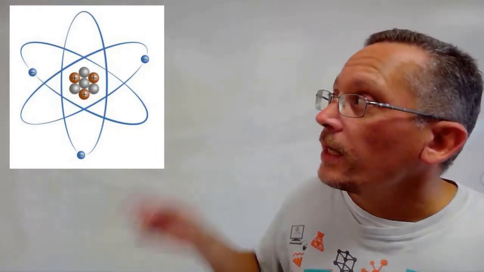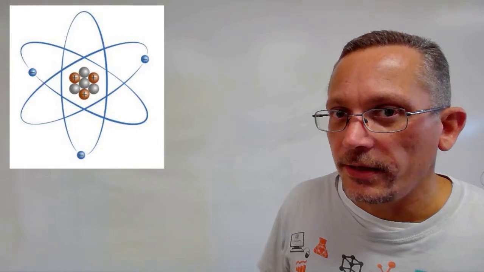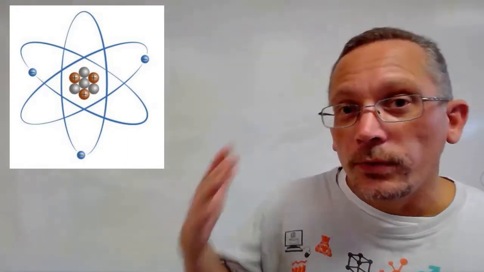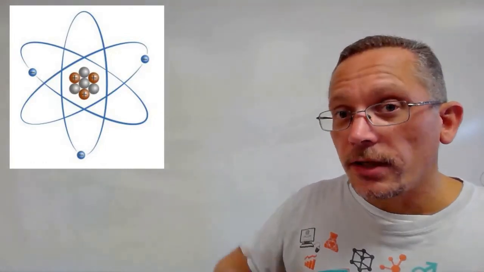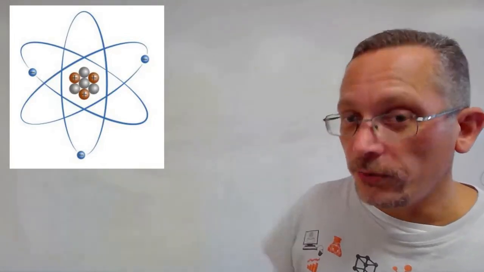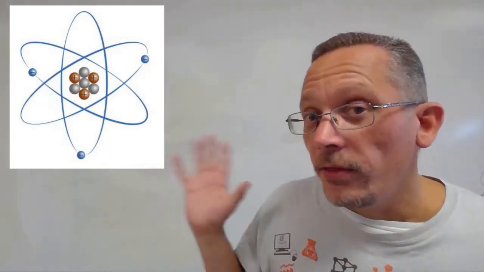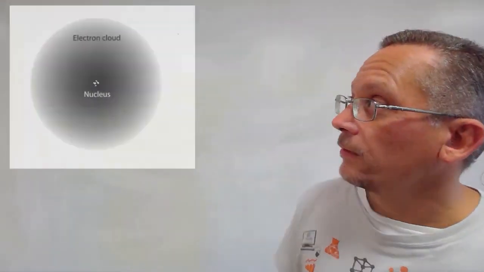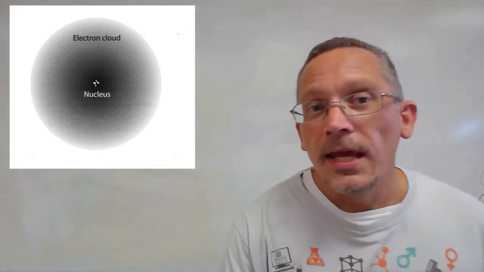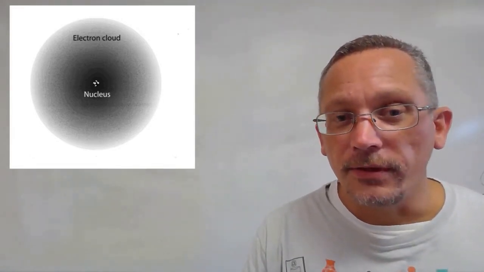The other thing is the way that the electrons are here, okay? Oftentimes, we'll see atoms drawn with these kinds of orbits so that the electrons look like they're orbiting around the nucleus. In reality, they don't really look like that. In reality, they look more like this. In this picture, you can see this is different, right?